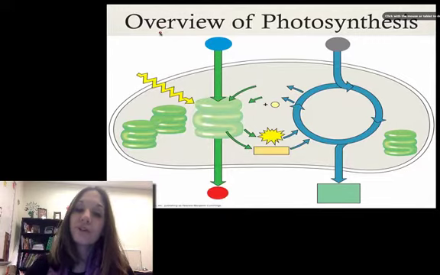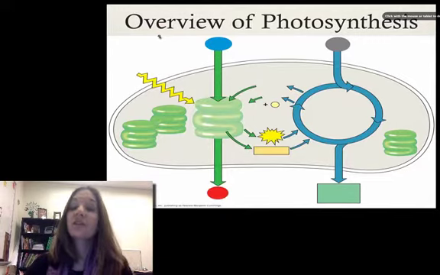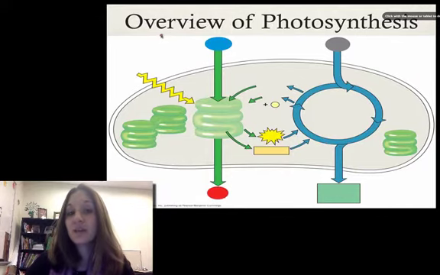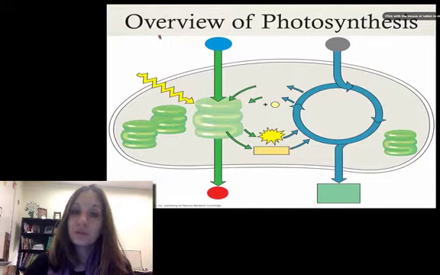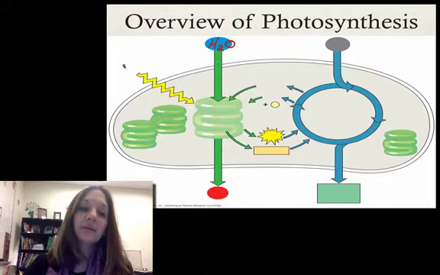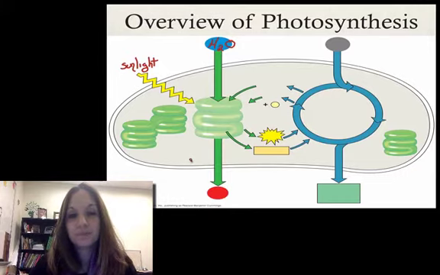So, the first part of photosynthesis, called the light-dependent reactions or light reactions, takes place within the thylakoids. In this set of reactions, we're going to take water in, so H2O is going in, and with the help of sunlight, that water gets split.